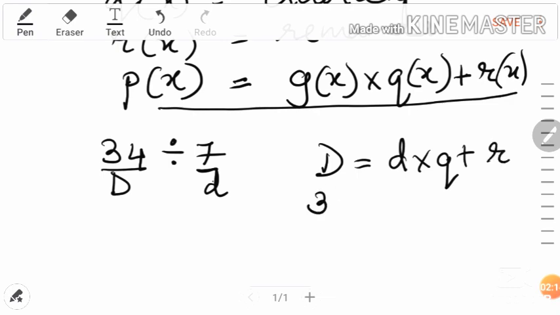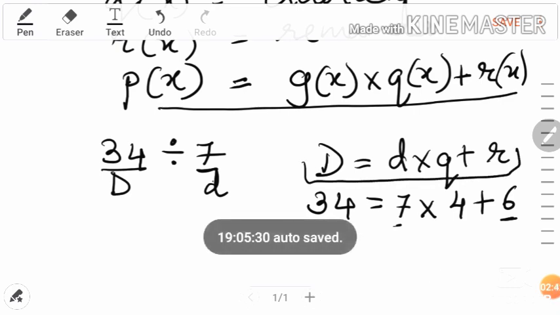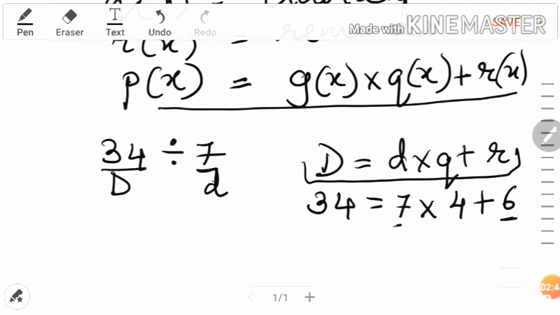So in this case, I can write 34 as 7 into the quotient, which is 4, plus the remainder, which is 6. Notice the remainder is 6, which is less than the divisor. So we have written the same expression for polynomials. In case of polynomials, we will have the dividend polynomial equal to the divisor polynomial multiplied by the quotient polynomial plus the remainder polynomial.